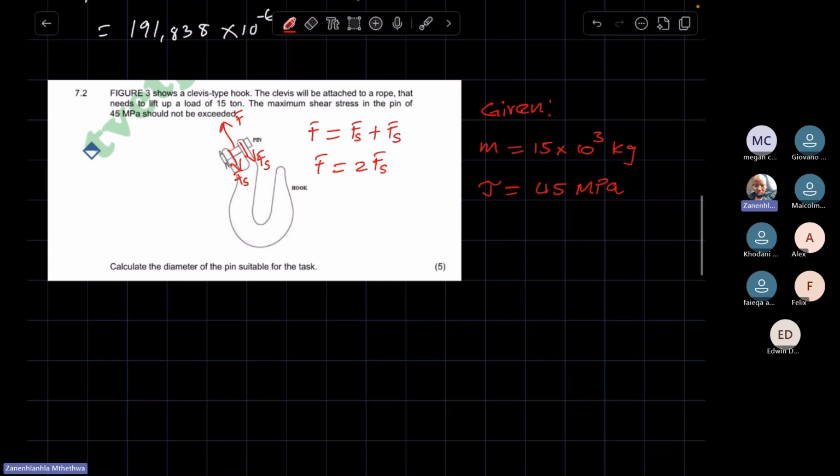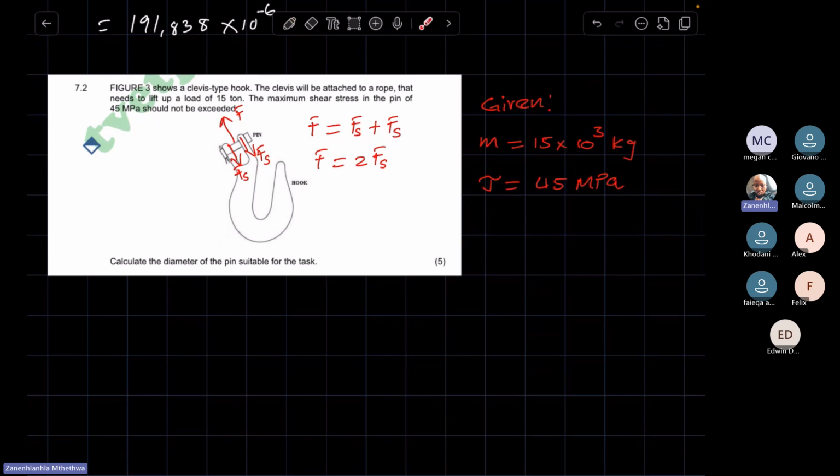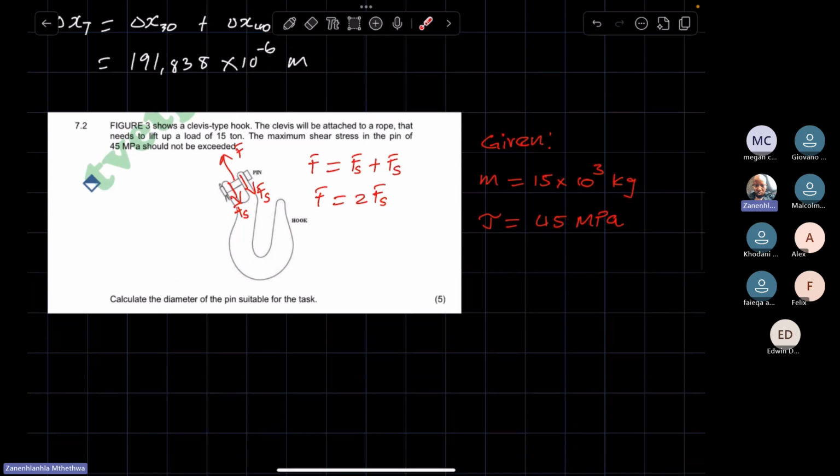Now, bearing that in mind, they want us to calculate the diameter of the pin. So we say that if the pin were to be cut, it will essentially be cut along its cross section.